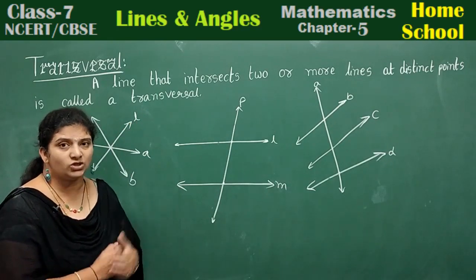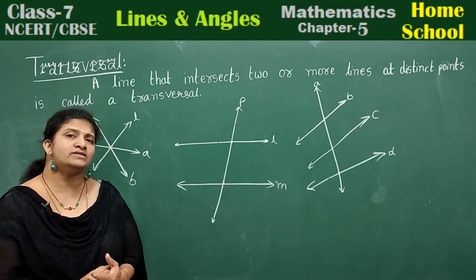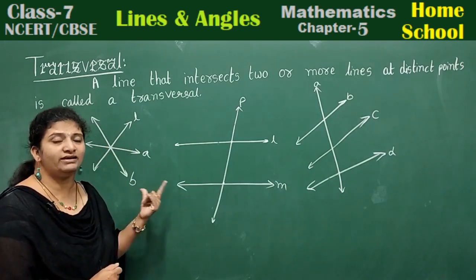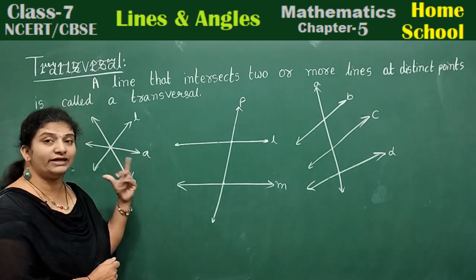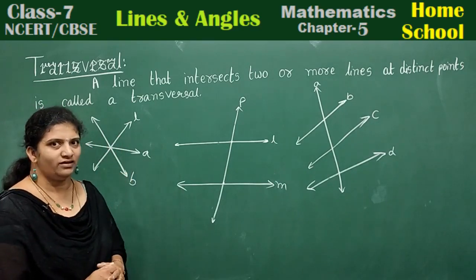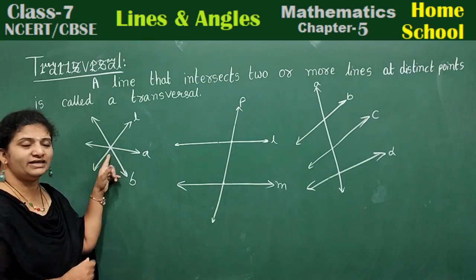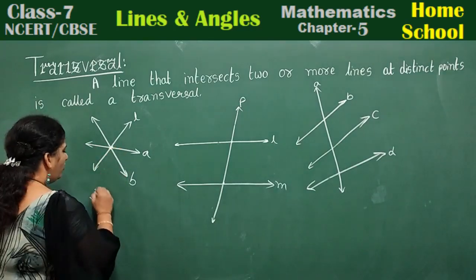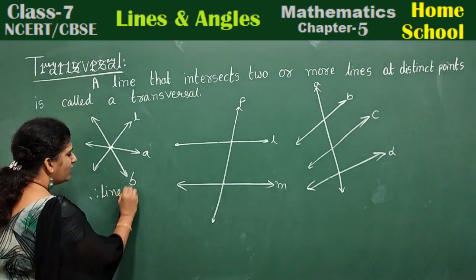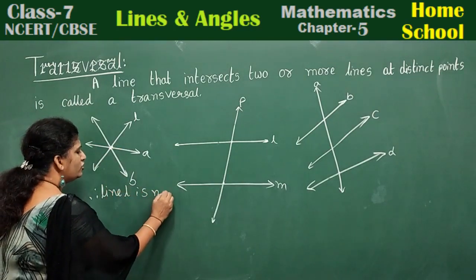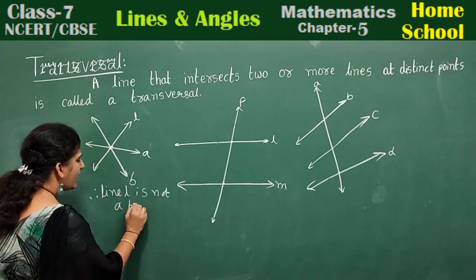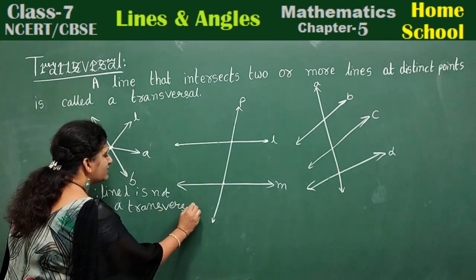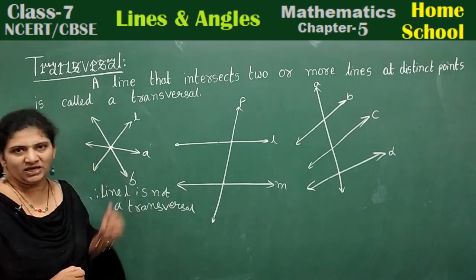No. Why is it no? If line L is a transversal, it should intersect the two lines at two different points. But it is intersecting at the same point. Therefore, line L is not a transversal for A and B.